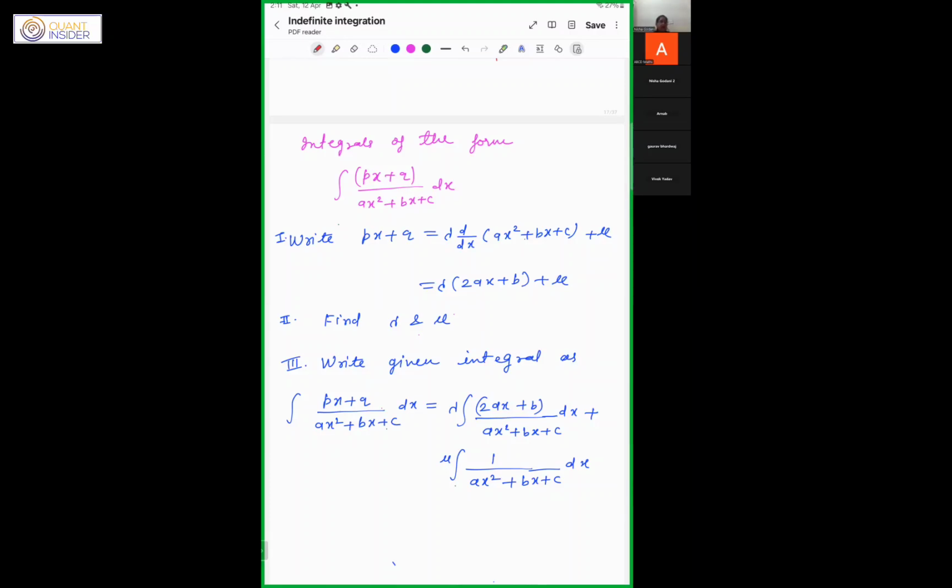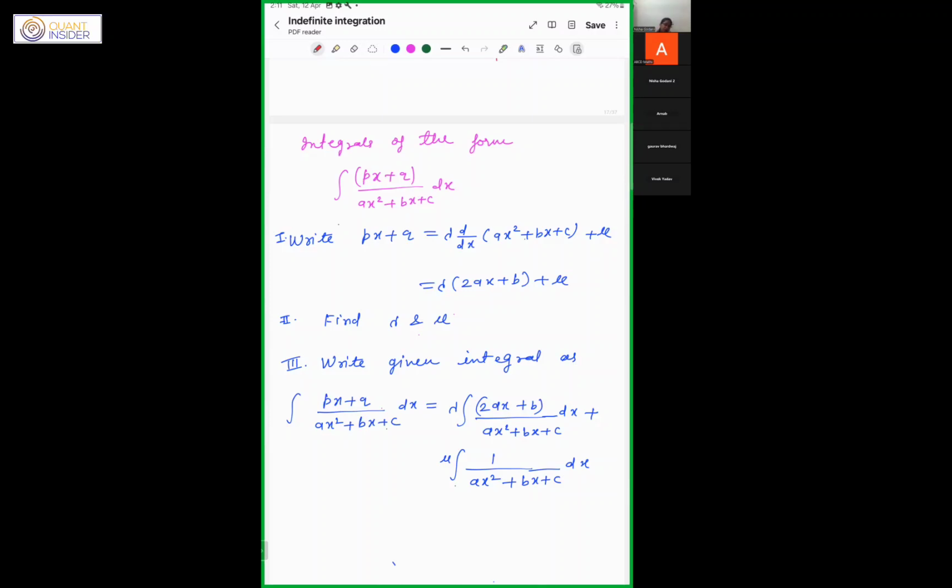So if you have a linear polynomial px plus q in the numerator and a quadratic polynomial in the denominator, it is not necessary that the linear polynomial in the numerator is the derivative of the quadratic polynomial in the denominator. If this is the case, then how to find the integration?